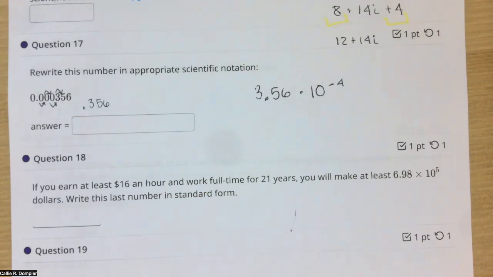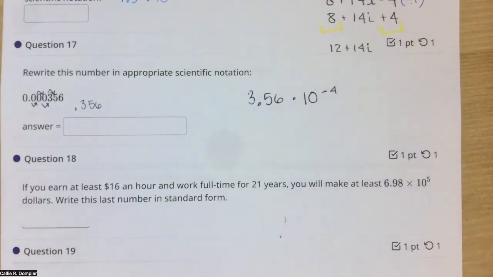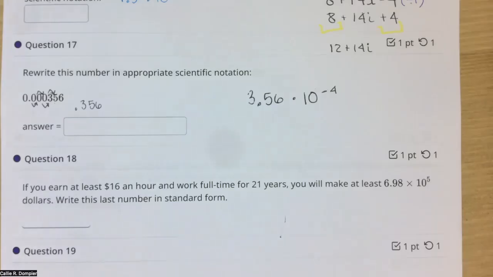Sorry, my mouse lost Bluetooth connection. All right, I would just encourage you to use your calculator. So the question was 6.98 times 10 to the power of 5. $698,000. That's all I would do.